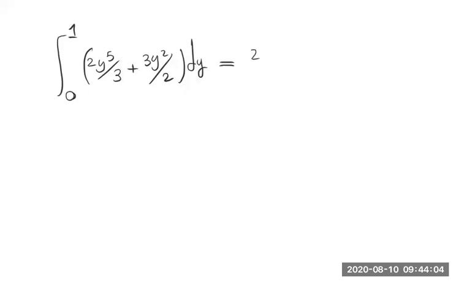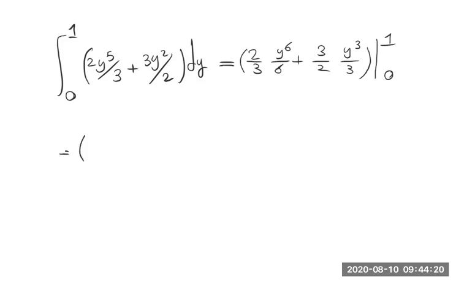It would be 2 over 3. The integral of y to the 5 is y to the 6 over 6, plus 3 over 2. The integral of y squared is y cubed over 3. And then we should plug in 1 and 0 and subtract them. It would be 2 over 3 times 1 over 6 plus 3 over 2 times 1 over 3. And then we should plug in 0 here, which makes everything 0.